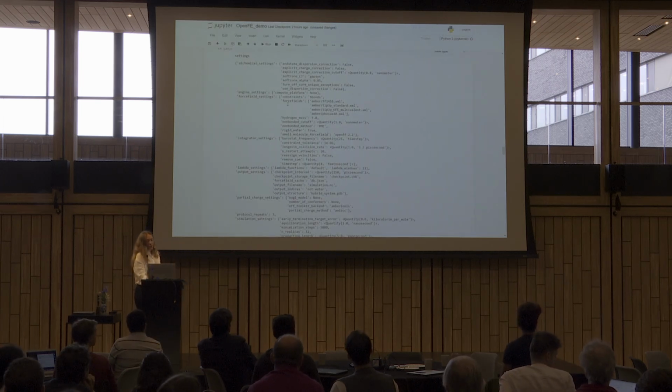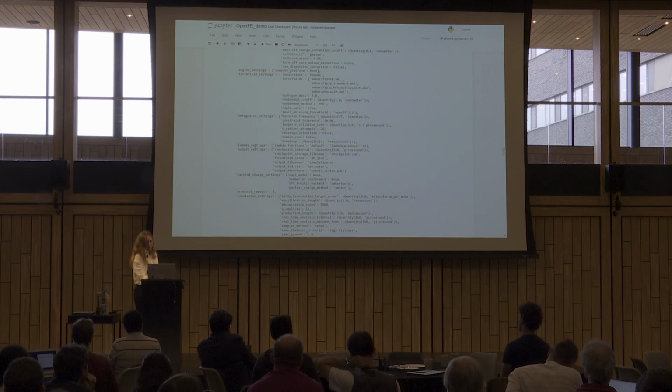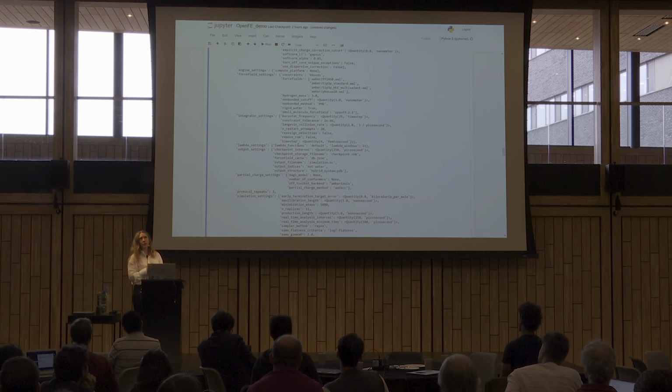So there are different things we can set, for example different force fields, as I already mentioned. Here, for example, is the number of lambda windows that you can change. The lambda function itself you can also change. The default does the Coulomb and van der Waals separately to avoid singularity problems.